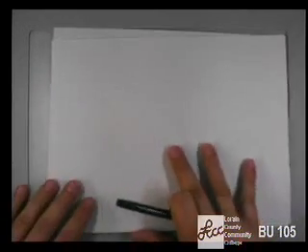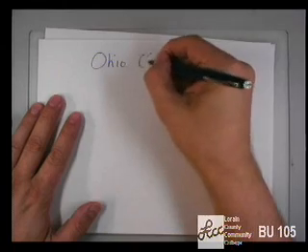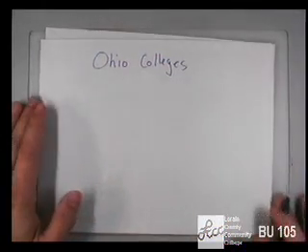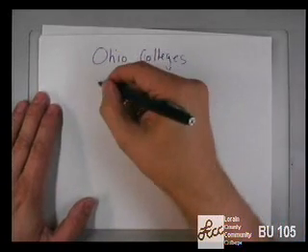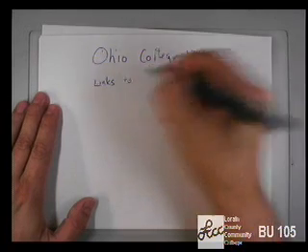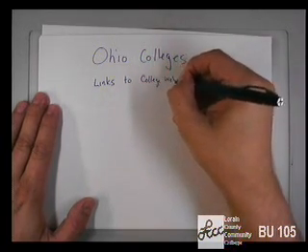So, if I was going to sketch this page out, I might make it look something like this. I'm going to draw it first, and then we can talk about what tags that would have. Ohio colleges. All right. And I might have links to college websites.